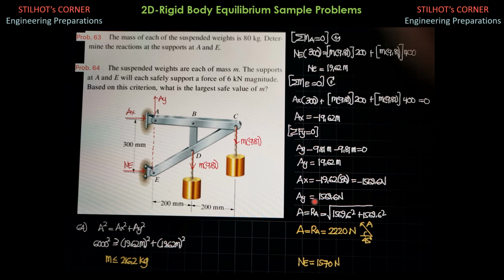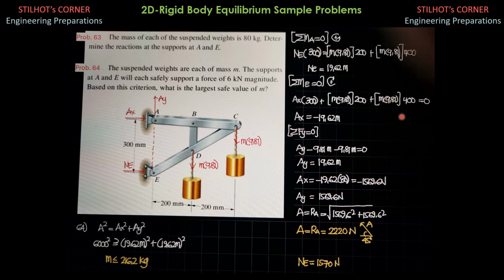Let's proceed. Summation of moments about E this time, to solve for AX because AY passes through E, equals 0. This time clockwise moments are positive. So AX is clockwise about E. So AX times 300. Then this m times 9.81 is also clockwise times 200. Then this is also clockwise, m times 9.81 times moment arm 400.